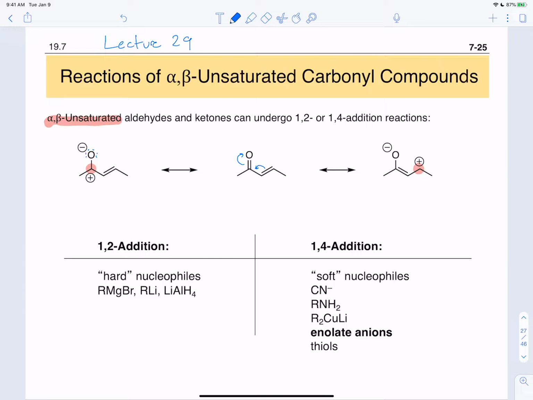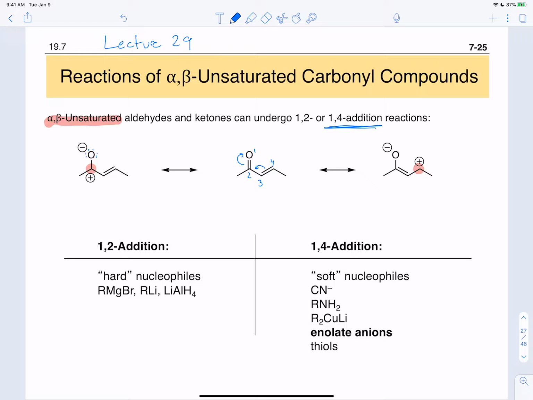We number these 1, 2, 3, 4. Reaction at the 2 carbon would be a 1-2 reaction, the nucleophilic additions we've seen before. Sometimes we can also have 1-4 addition reactions that take place on this more remote carbon that still has a positive charged resonance structure.